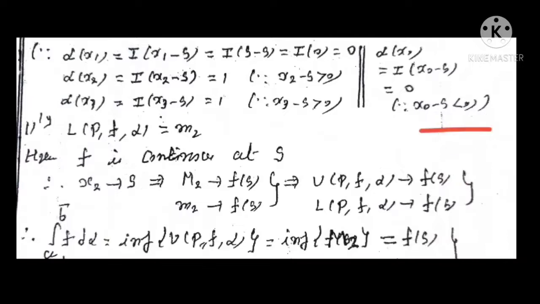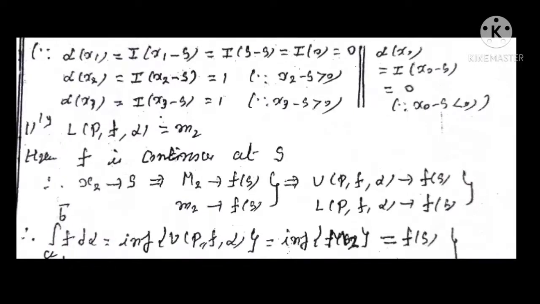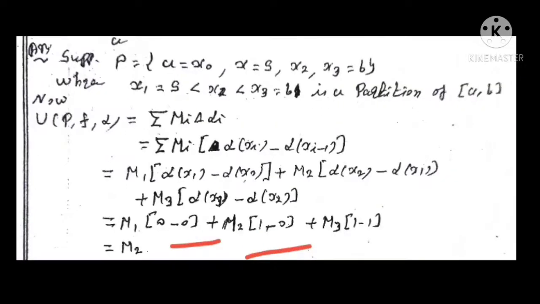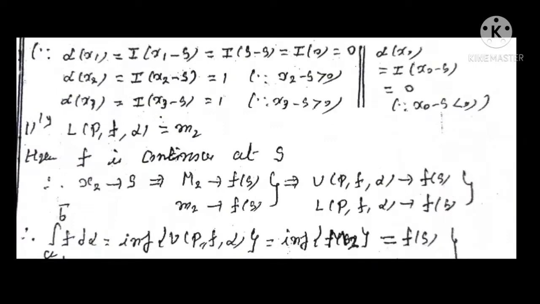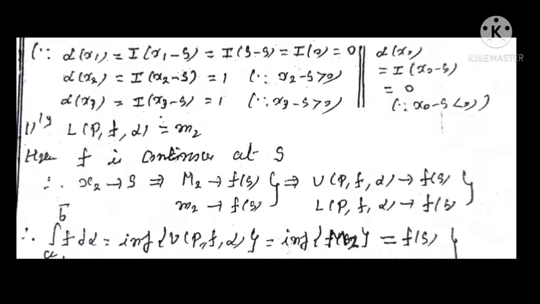Now M1 into (alpha x1 which is 0 minus alpha x0 which is 0) plus M2 into (alpha x2 which is 1 minus alpha x1 which is 0) plus M3 into (alpha x3 which is 1 minus alpha x2 which is 1) is equal to M1 into 0 plus M2 into 1 plus M3 into 0 is equal to M2.